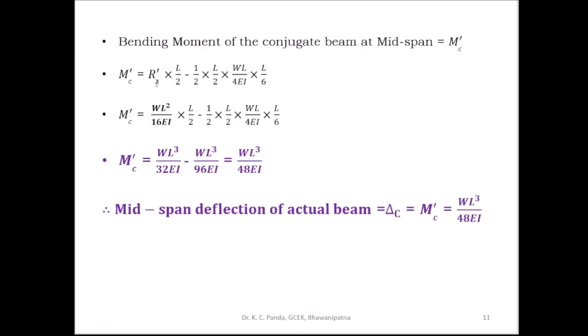So MC dash is equal to RA dash into L by 2 minus half into L by 2 into WL by 4EI into L by 6. Then after simplification, MC dash is equal to WL cube by 48EI.